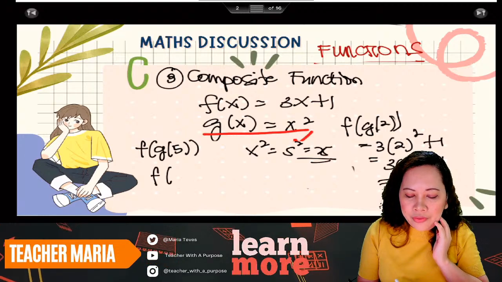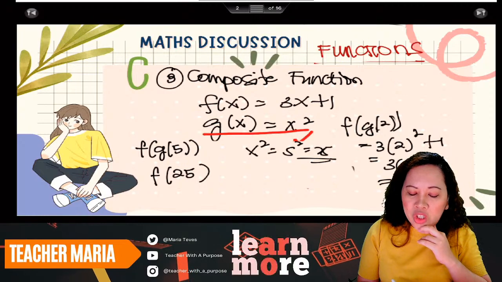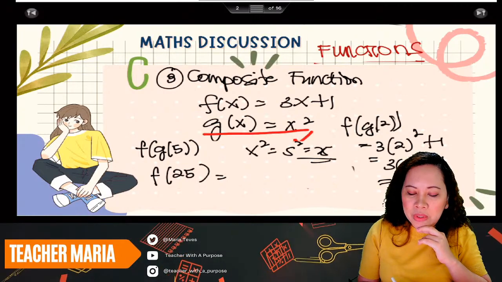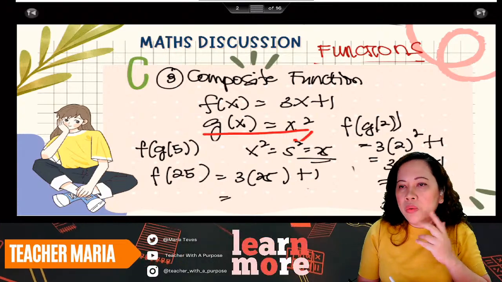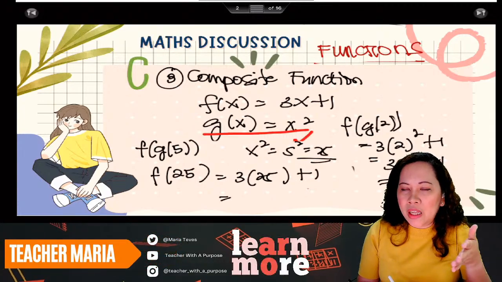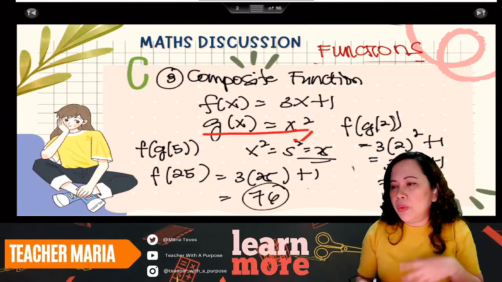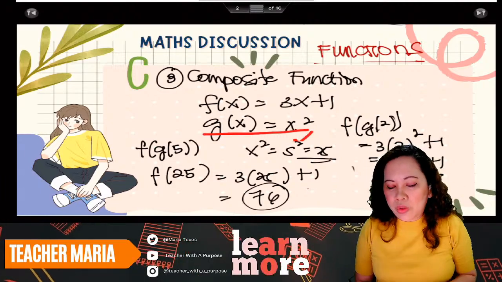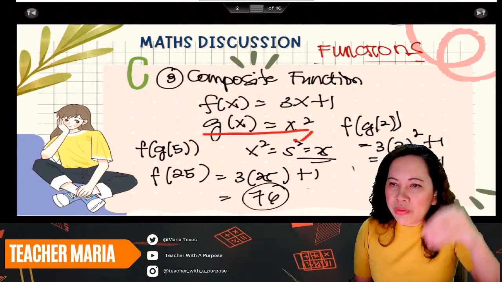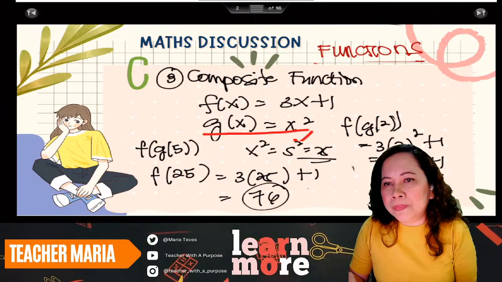So that's f of 25, because g of 5 is 25. And then you substitute 3 times 25 plus 1. 3 times 25 will be 75 plus 1, 76. So the answer will be 76. That's the easiest way you can do it, even if you don't solve the function of a function first and then substitute. You just need to substitute right away.